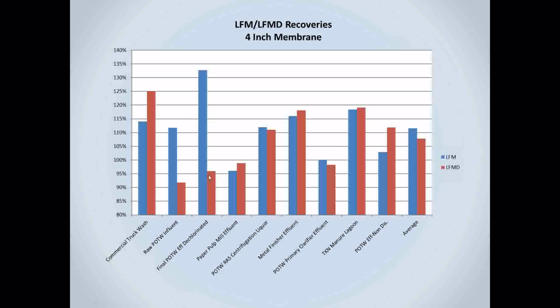If you see matrix recovery that does not meet the method, then you may have to distill. Okay. Everything else looks very good. We have nice agreement between them. And if we just look at the average, we have 105 to a little bit over 112%. So maybe that's 107 to 112% recovery of the LFM, LFMD 4-inch membrane.